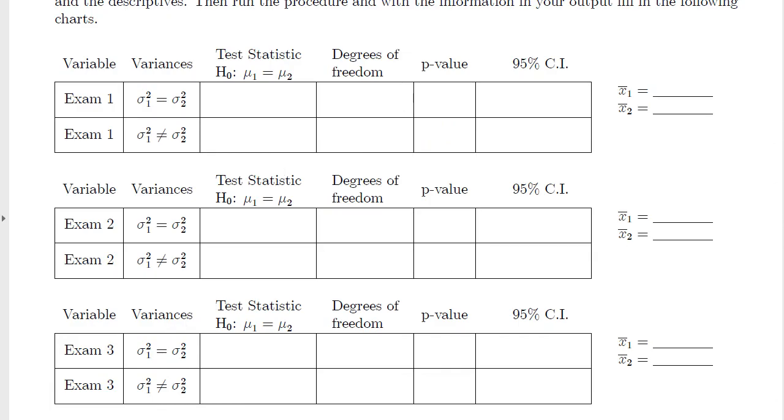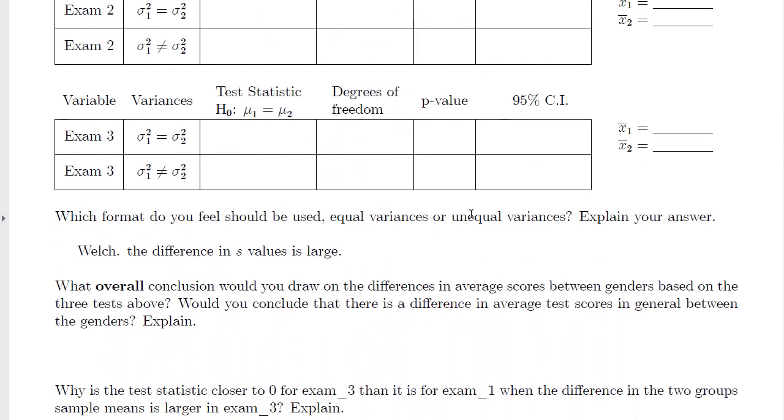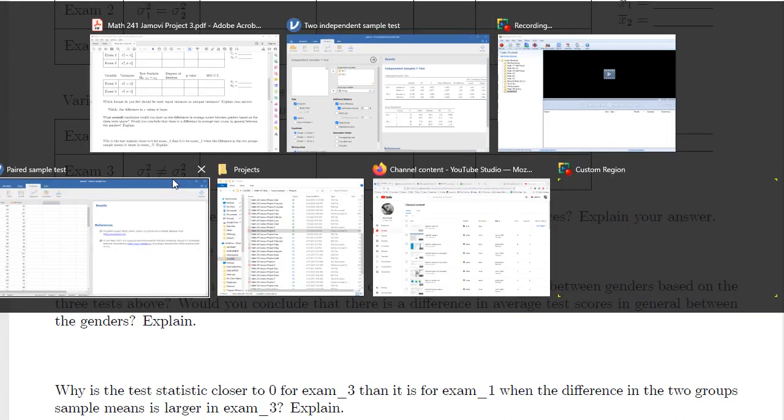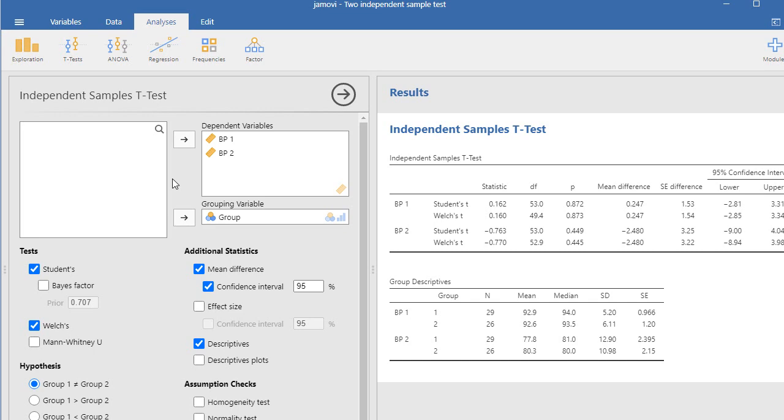Then you're going to come back and look at your sample statistics and decide which format you feel should be used, equal variances for the population or unequal. You are going to make that decision by looking at your standard deviations. For example, here between group 1 and group 2, we've got standard deviations of 5.2 and 6.1.